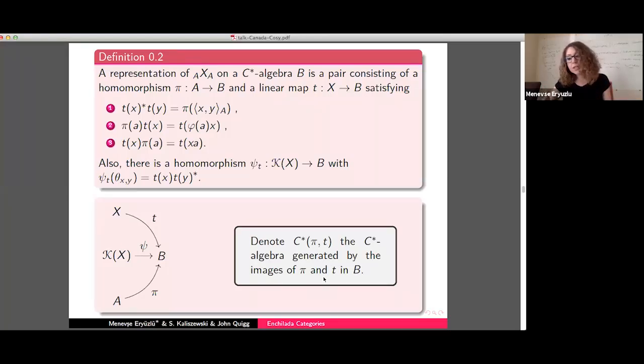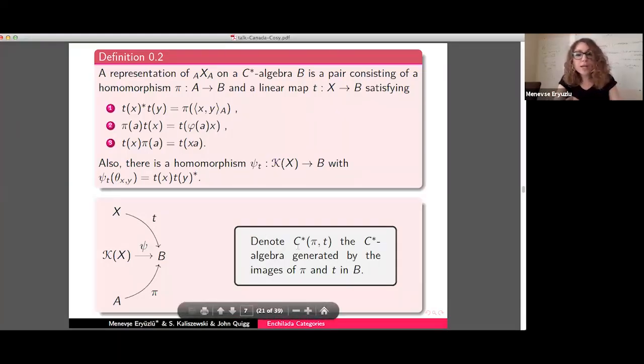Our functor contains Fock spaces. Therefore, given a C-star correspondence, for the Cuntz-Pimsner algebra and the Toeplitz algebra, we are going to use the characterization that Katsura introduced by using Fock spaces, Fock representations. I'll talk a little bit about that right now.